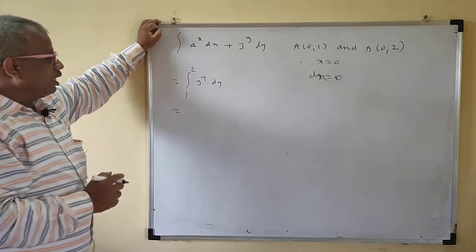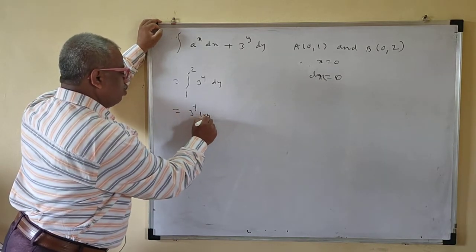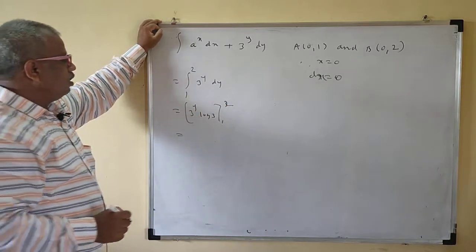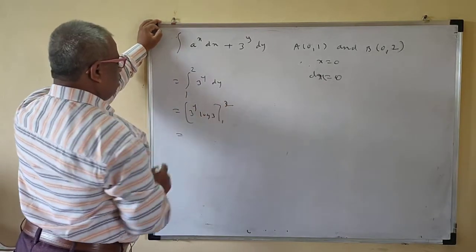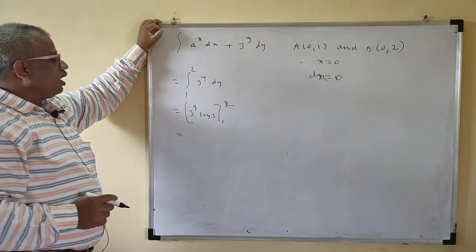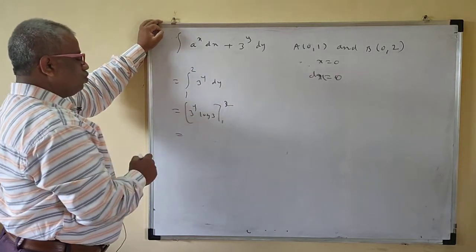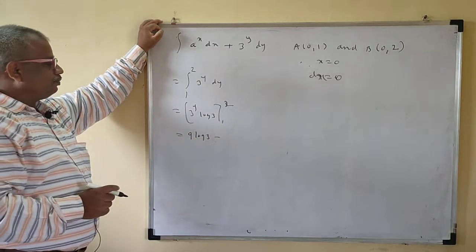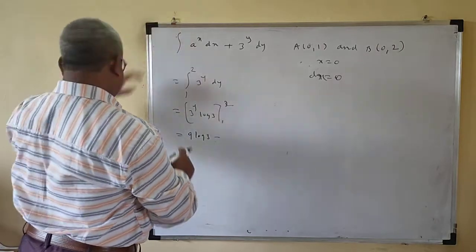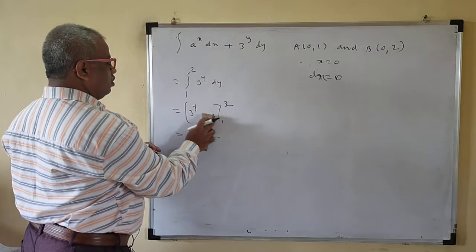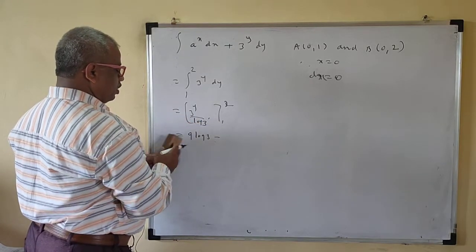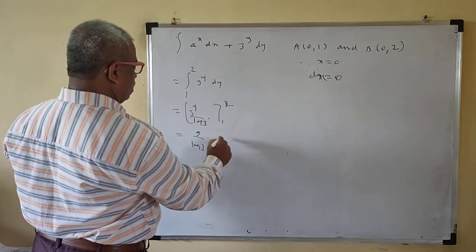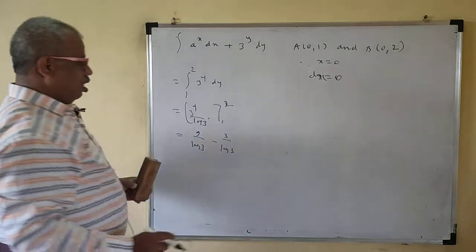So integration of 3 raised to y is 3 raised to y upon log 3, from 1 to 2. So this is 3 raised to 2, that is 9 upon log 3, minus 3 upon log 3.